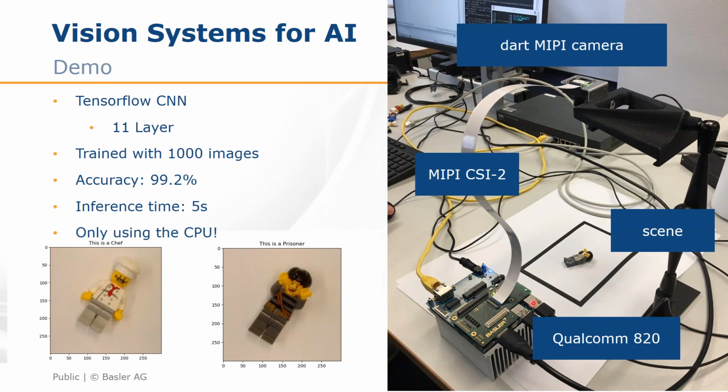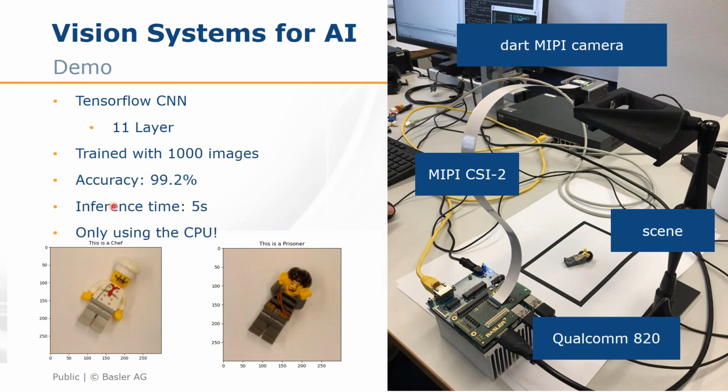In this case, we took a Qualcomm 820 Snapdragon and let it run only on the CPU, because with an embedded system, it's a little bit tricky to deploy ready inference so that the system also uses the GPU to run the inference.